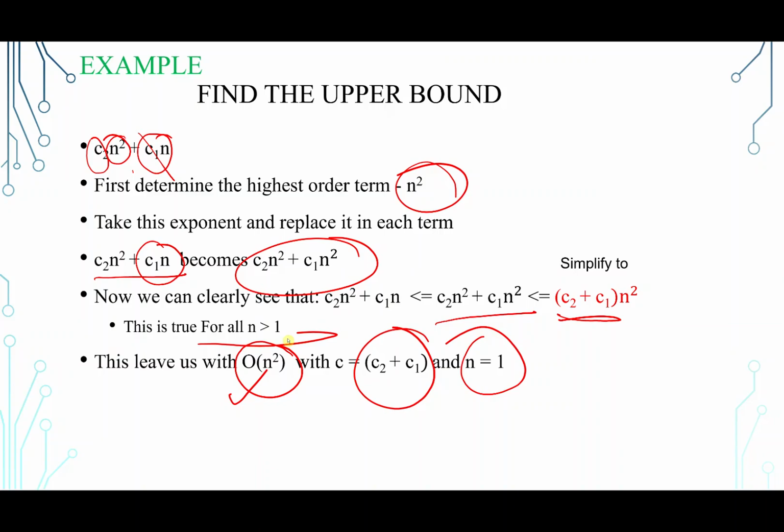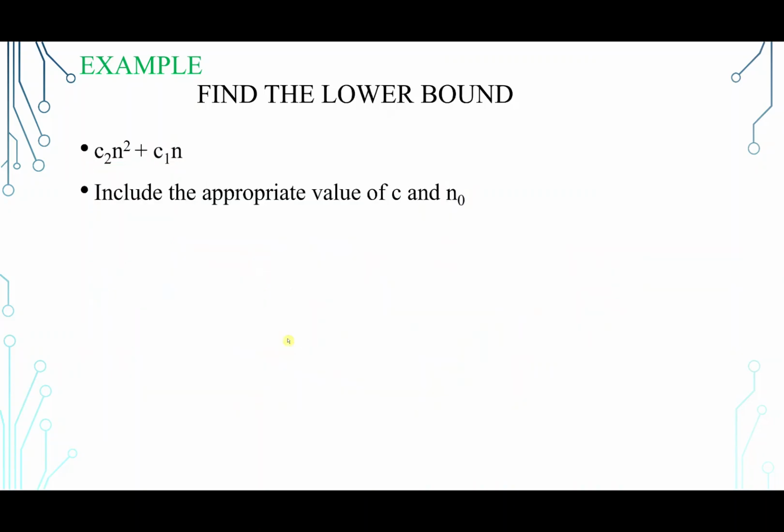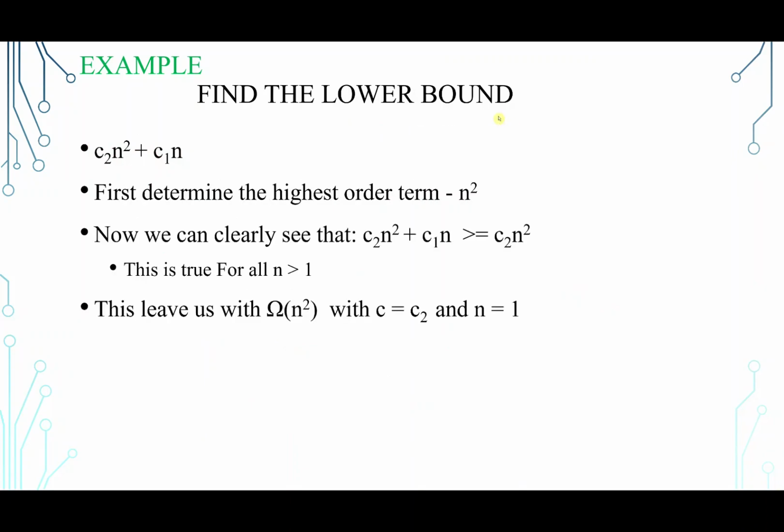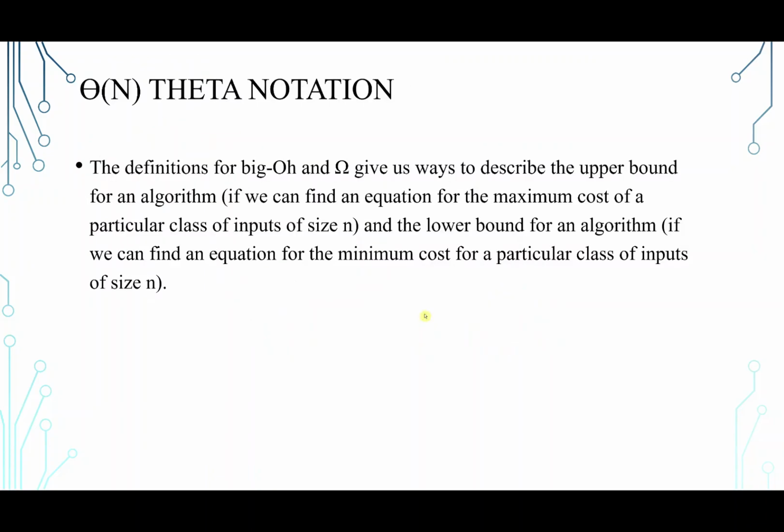How are we going to do that with the big omega? With the big omega, the lower bound, we are going to first determine the highest term, as we do with big O notation. And now, by getting rid of this, we can say for C equals C2, this equation is big omega of n squared with C equals C2 and n0 equal 1.